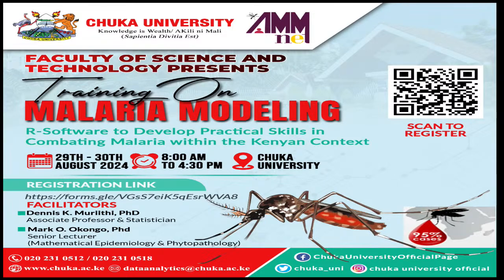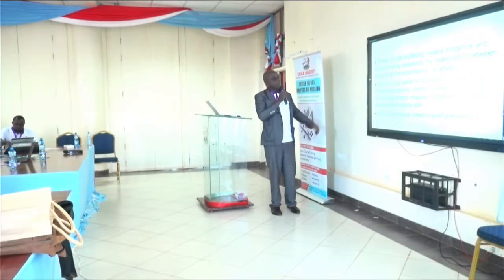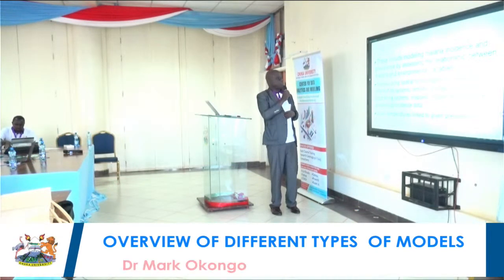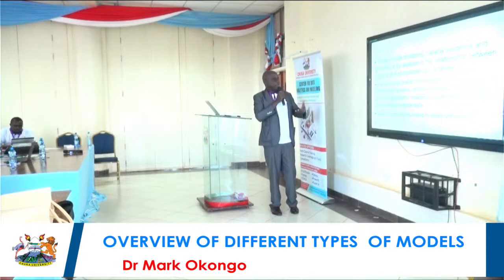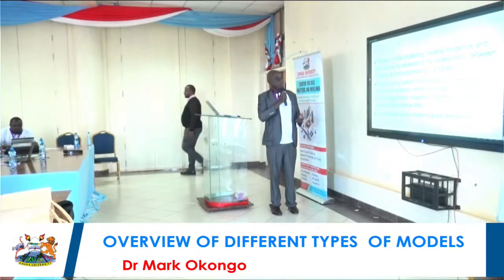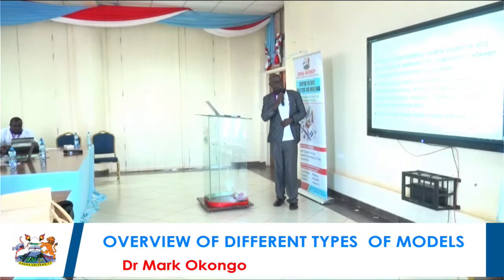We're moving very far. The last one is the geospatial modeling. Now this includes modeling malaria incidences and prevalence by assessing the relationship between malaria and environmental variables. So it involves using spatial technologies like geographic information systems, remote sensing, global positioning, and mapped or coupled together the malaria prevalence and incidence data.